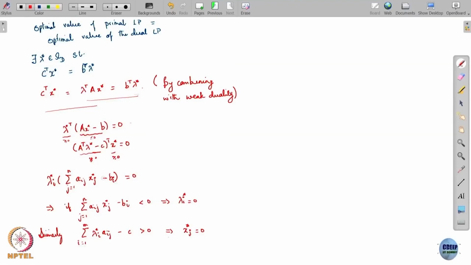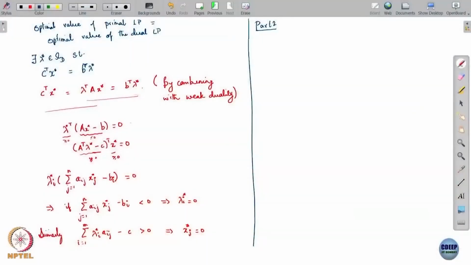So, this is one direction of the complementary slackness condition. What we have concluded so far is, if x star is optimal, then it has to be that these complementary slackness conditions must hold. Now, let us look at the other direction, part 2, the other direction.